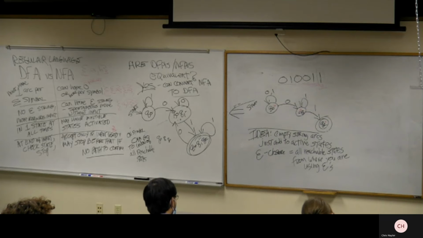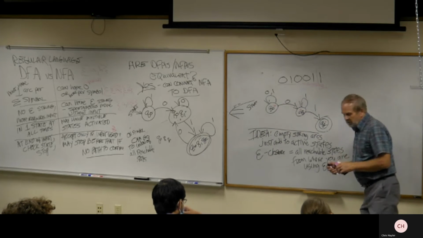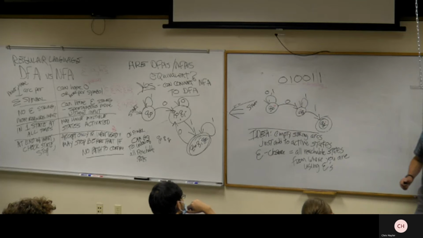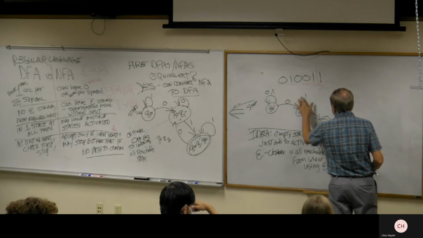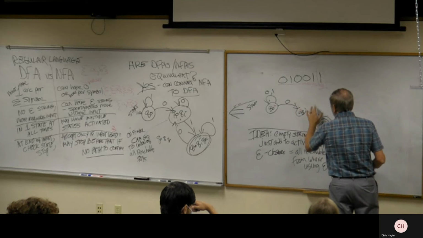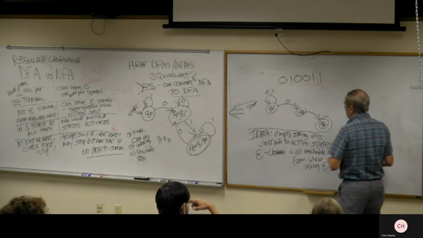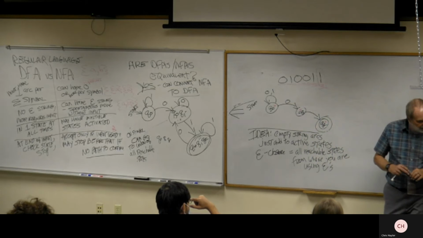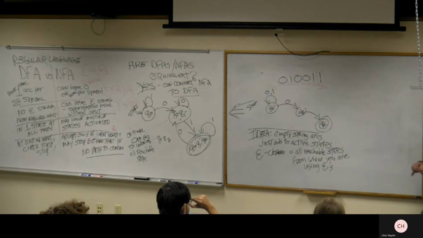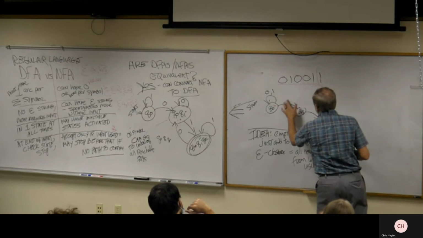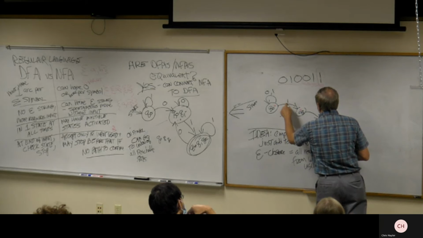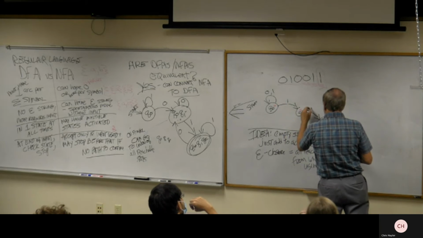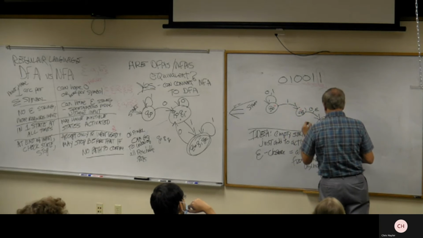We go 0, epsilon. We have a looping 0, 1, and a 1 takes you out. And then you have a 0 or epsilon here.